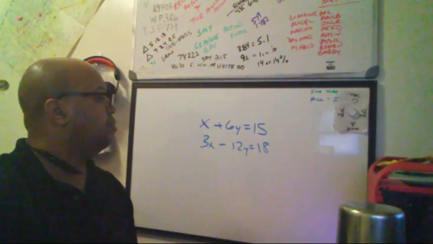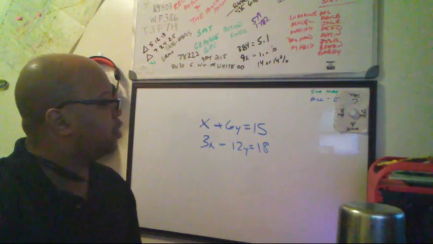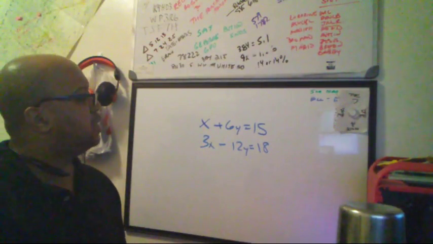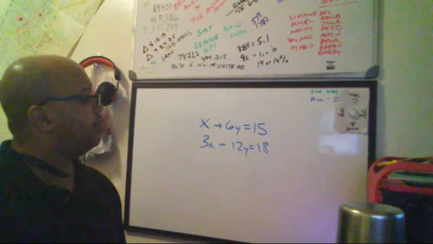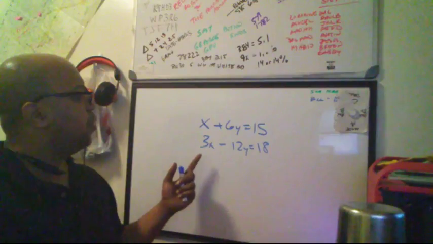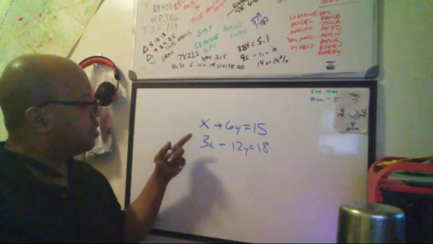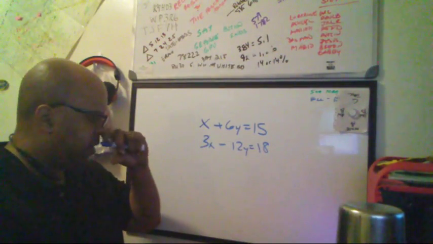All right, so what I will have to do is manipulate one of the equations. Let's see what's easier. I can do this a couple ways. I can multiply this equation by -3 so that the x's cancel out when I add downward.